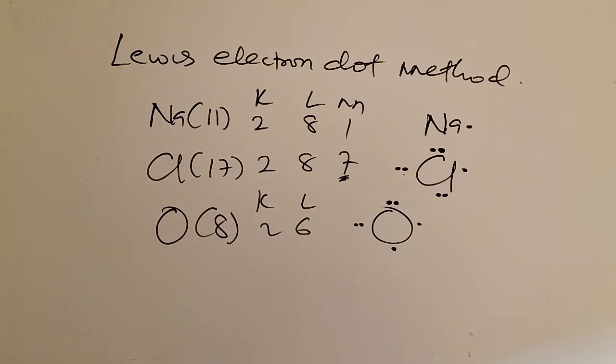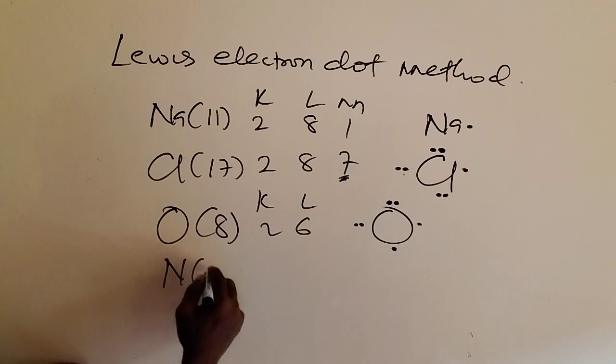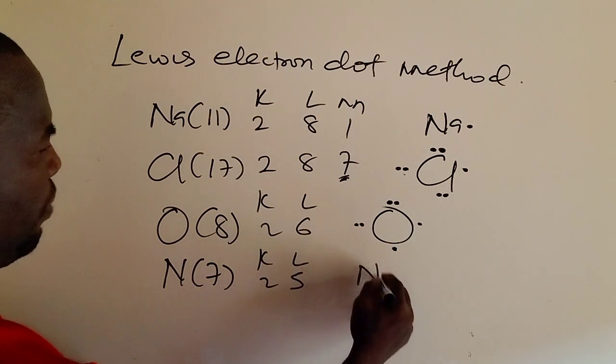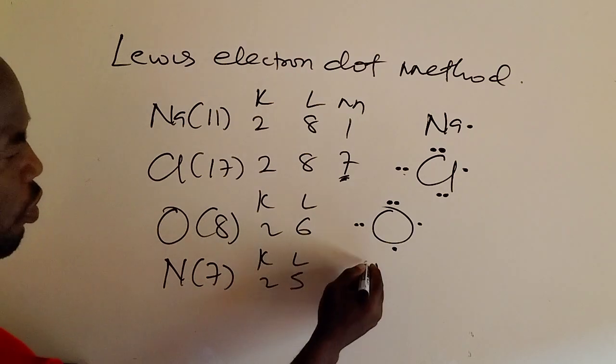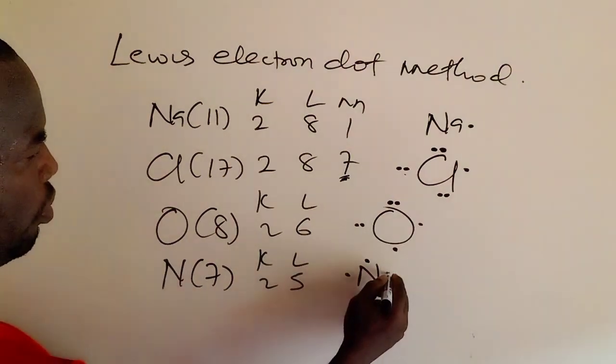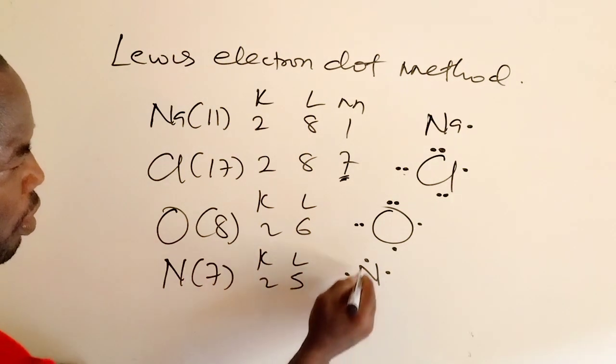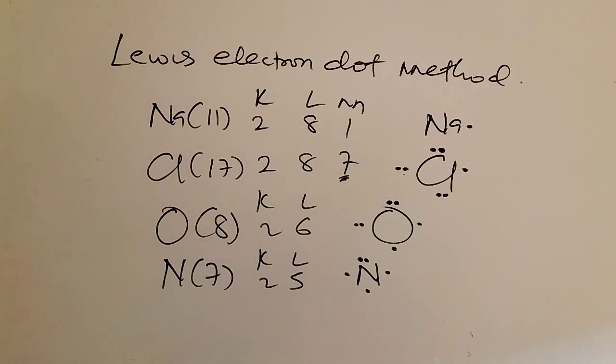Lewis structure. If it's nitrogen, for example, 7, K L 2, 5. I'll present only the atom's outer electrons, that is 5. 1, 2, 3, 4. Remainder 1. I want to pair any 1, maybe this one here, giving us 5 electrons around nitrogen.